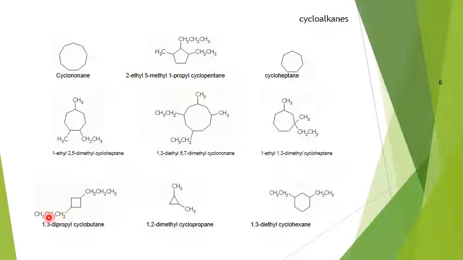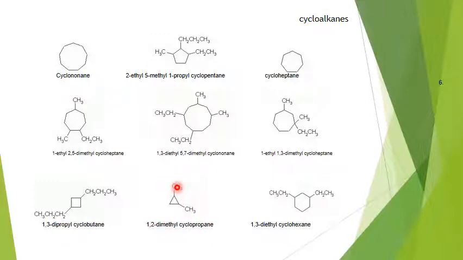All right, next one. This is cyclobutane. It's a square. There's carbon coming off each of these points, and there's 2 propyls. It doesn't matter where you start. We'll call this number 1, 2, 3. So it'll be 1,3-dipropylcyclobutane. This is cyclopropane. Has 2 methyls.